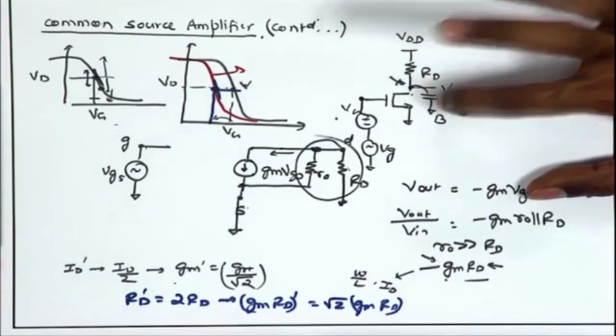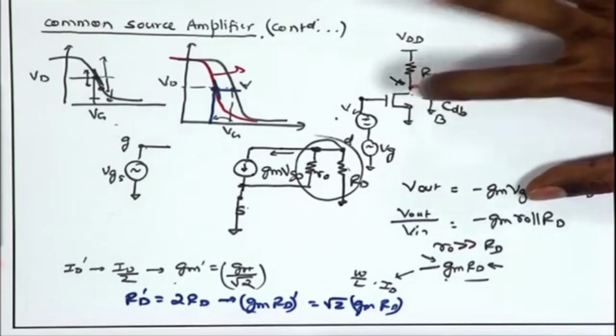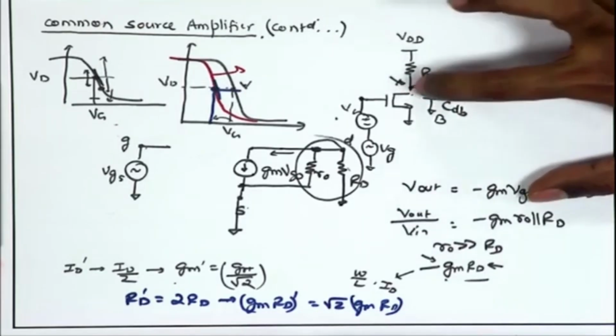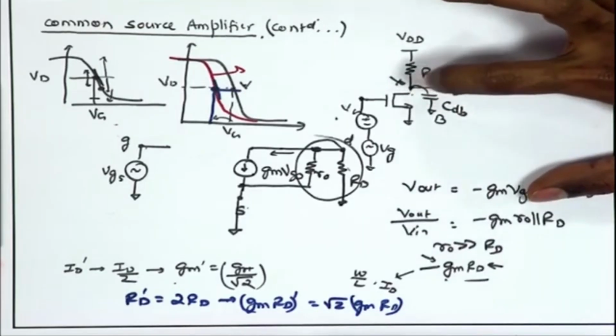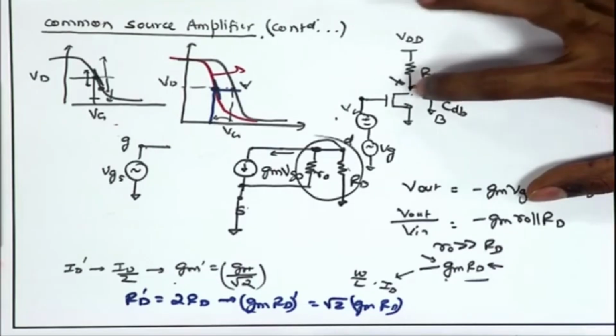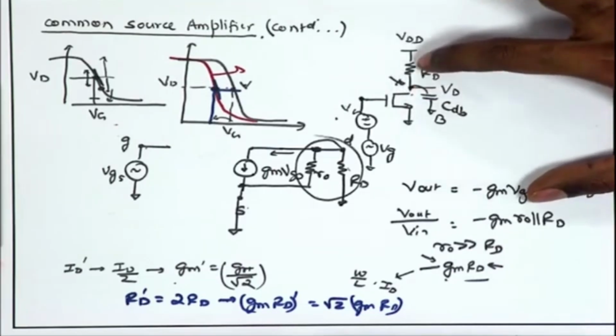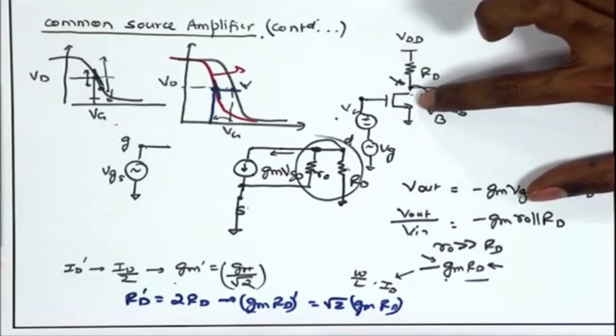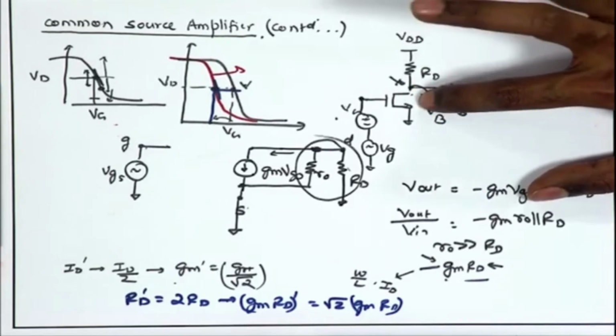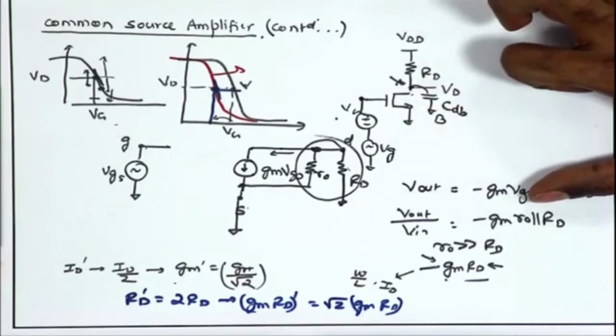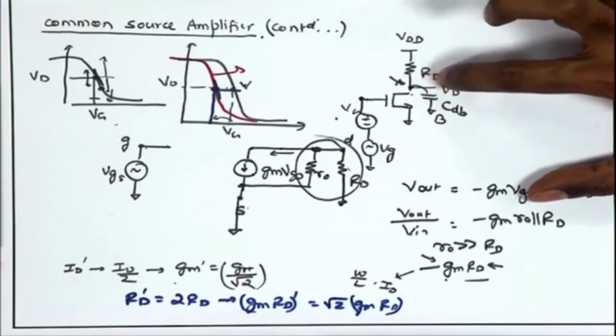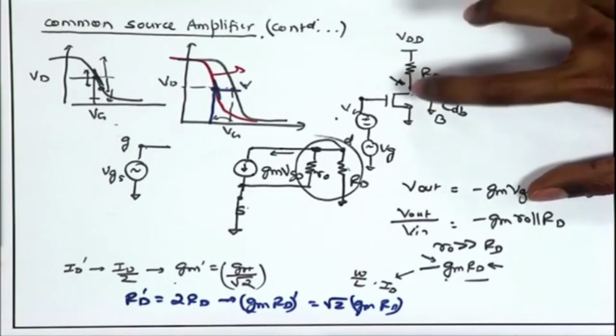So, if I just look at this capacitance and Rd, we see that the RC time constant at this node is going to go up, and as a result the circuit is going to become slower if I go for larger Rd. So, although I have managed to increase my gain, I am suffering with the bandwidth, my bandwidth will be going down because of this capacitive behavior of the MOSFET.